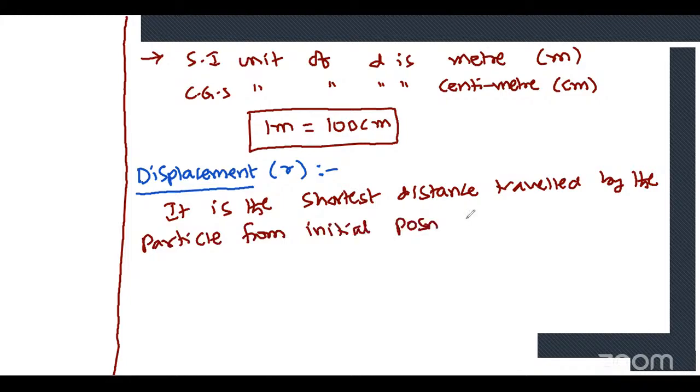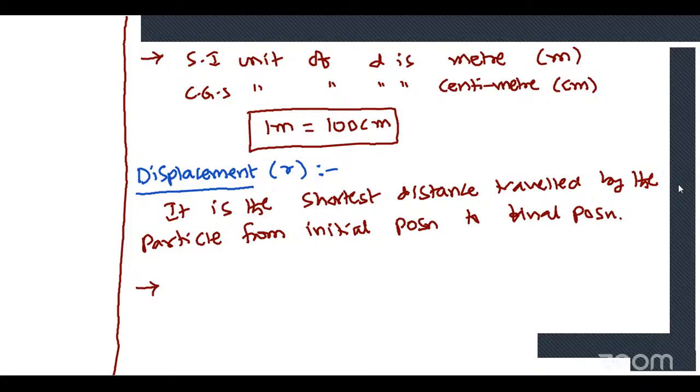That can be called as displacement. So, by definition, displacement means shortest distance.